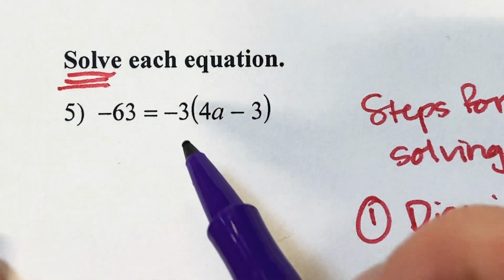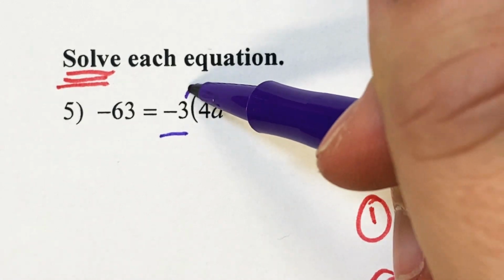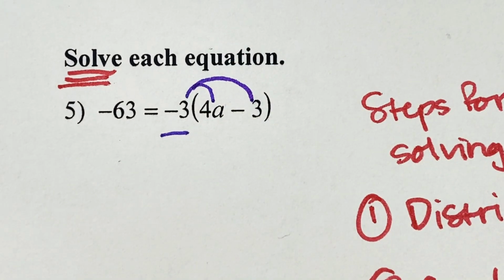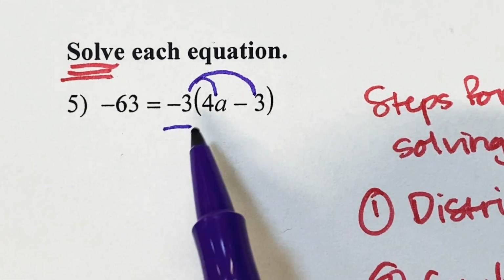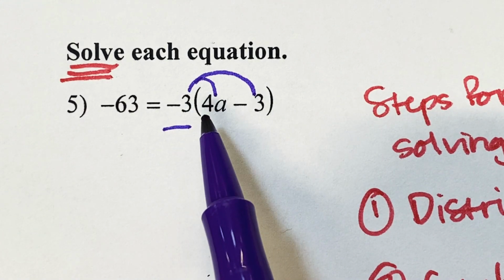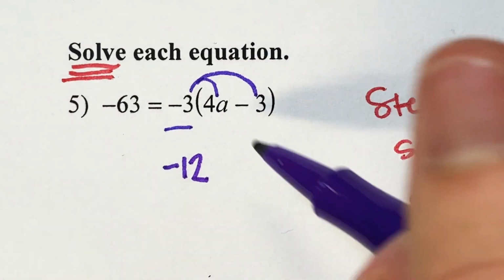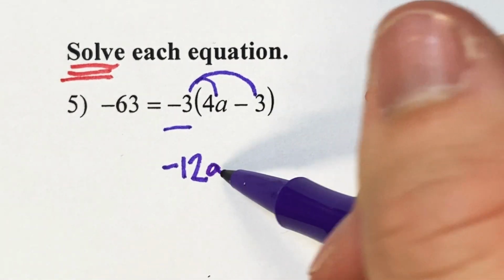It's going to be this -3. Okay, so -3 needs to multiply to both those guys. So we'll just do it right under. -3 times 4a. So -3 times 4 gives me -12. And there was 1a, so -12a.